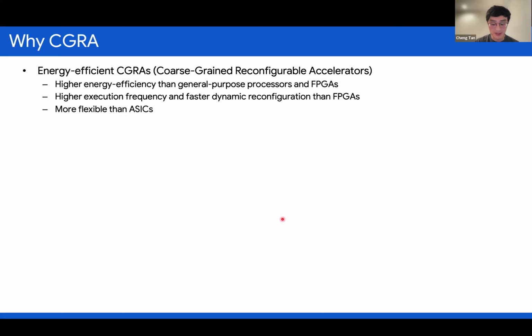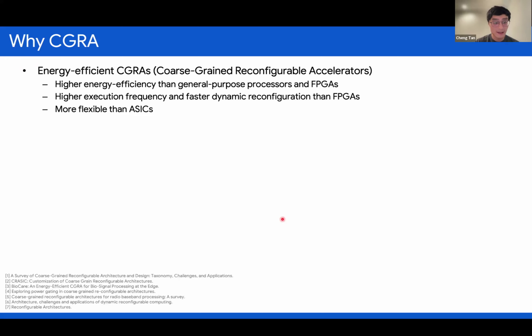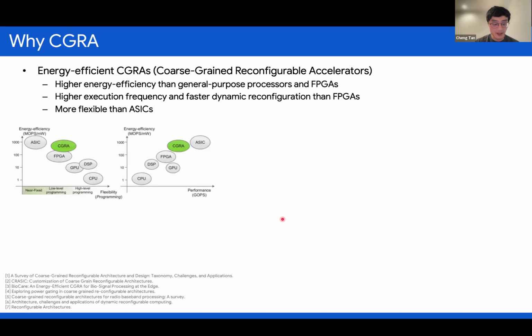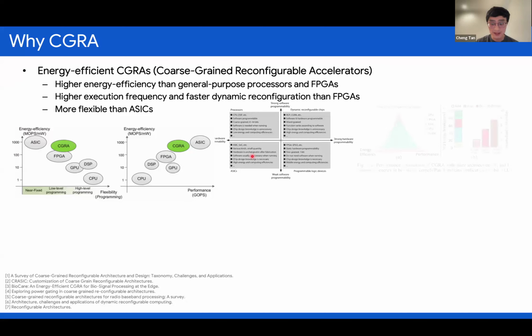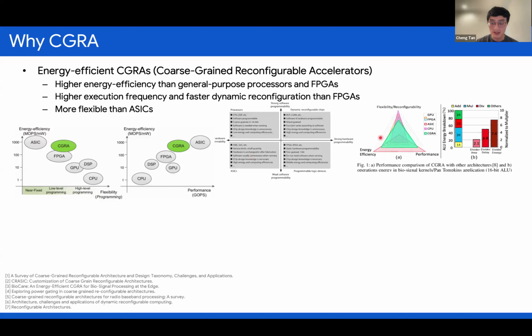So CGRA in this context is more flexible because of its different functional units functionality. And different papers already talk about the CGRA position across different platforms and accelerators. We can see CGRA is always at this trade-off point between ASIC and CPU, near the FPGA.